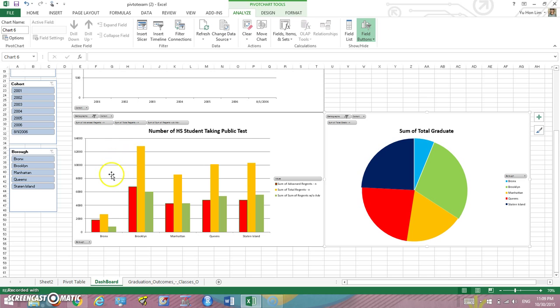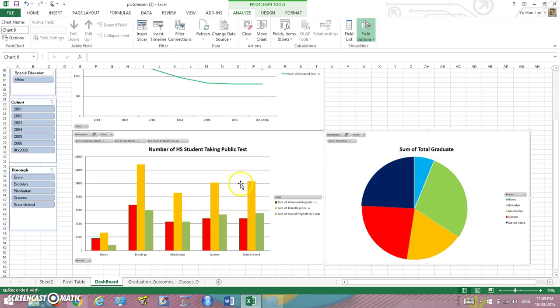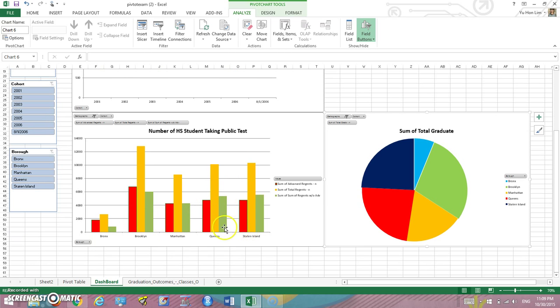Brooklyn has the highest number of students taking the Regents test, and it is almost like the Asians, where 1.5 also would like to take the advanced Regents, as you can see here. And Staten Island has a lot of white residents, so this field is much larger than in other boroughs.